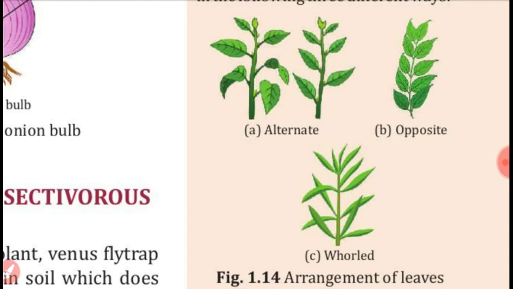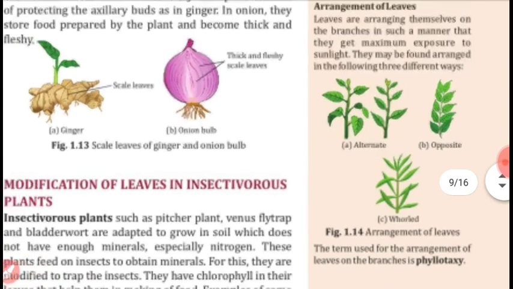In alternate arrangement, the leaves are in alternate order, while in opposite arrangement, leaves are opposite to each other, while in whorled arrangement, leaves are arranged something like a circle. Okay, so you have to learn them.